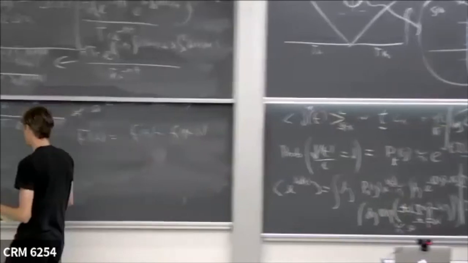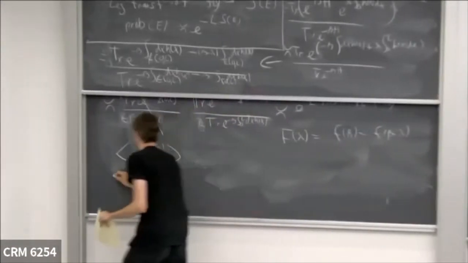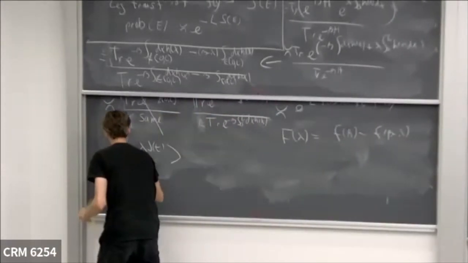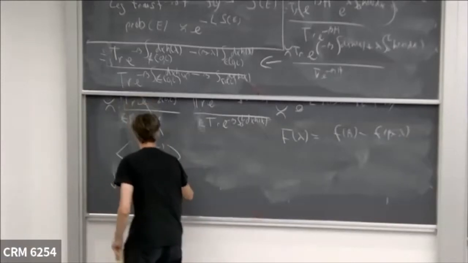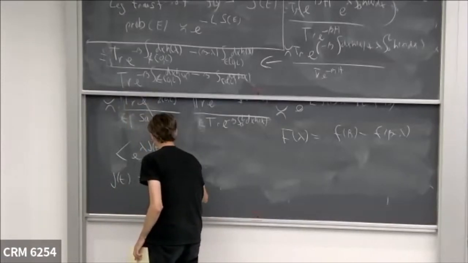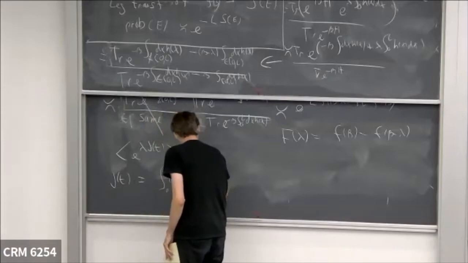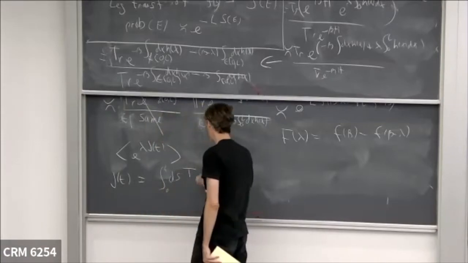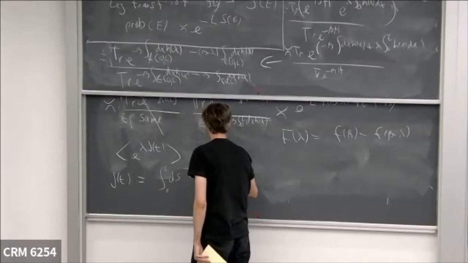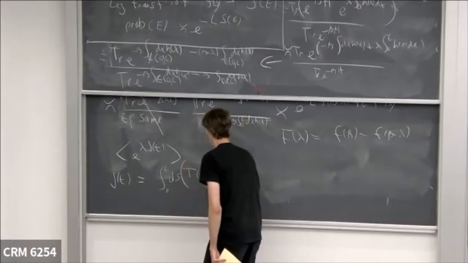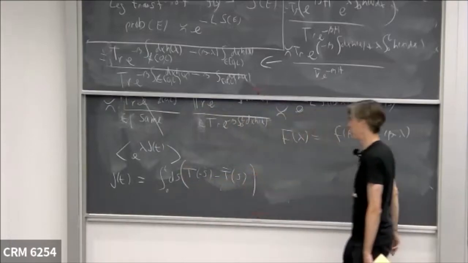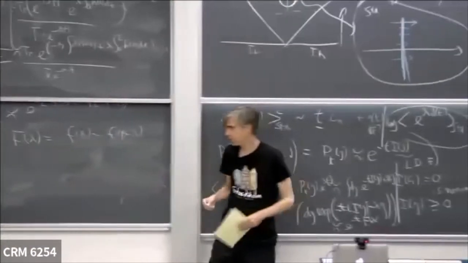Remember that J of t is the total current. So this is the integration, say from 0 to t, ds of the current, which is the stress tensor T at minus s minus T bar at s. So one is the right mover, the other is the left mover. Okay, so it's relatively simple, right?